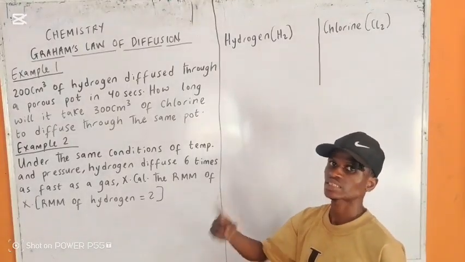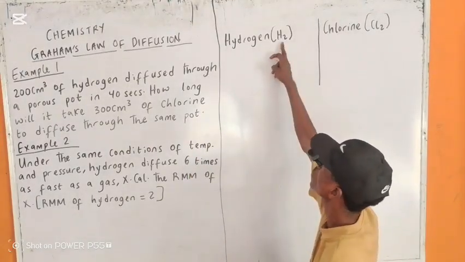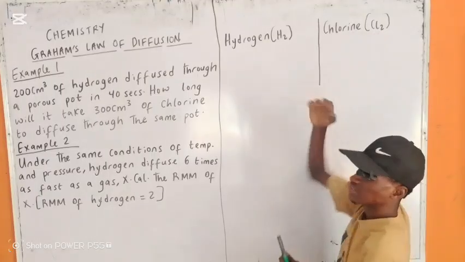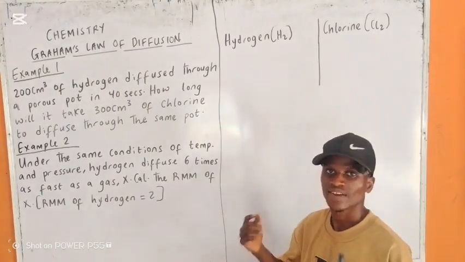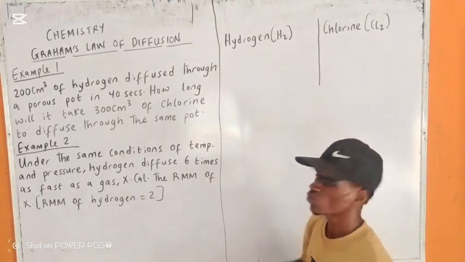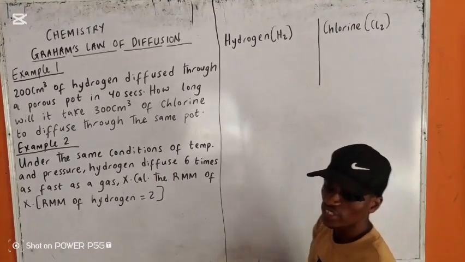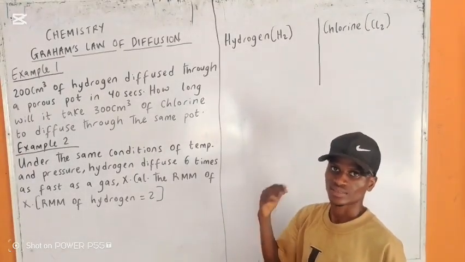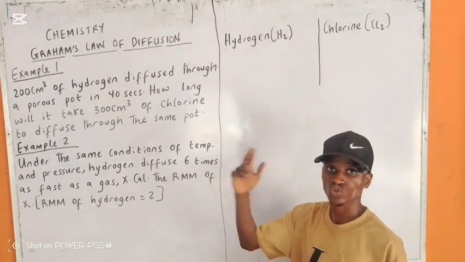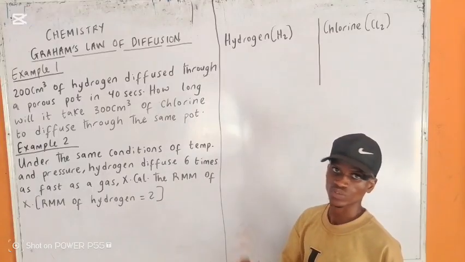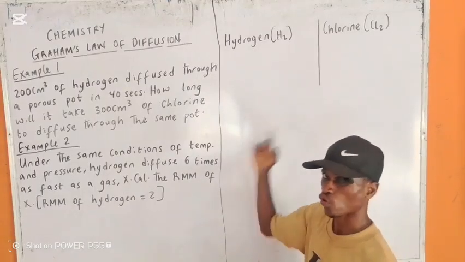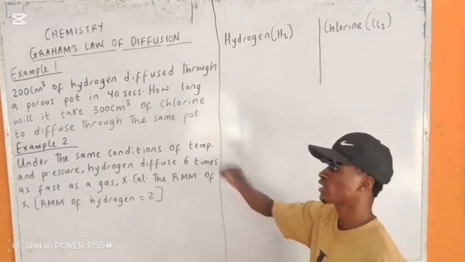That will serve as the molecular mass for hydrogen. Chlorine is 35.5, and we have 2 atoms, so we multiply 35.5 times 2. That accounts for the molecular mass of chlorine.